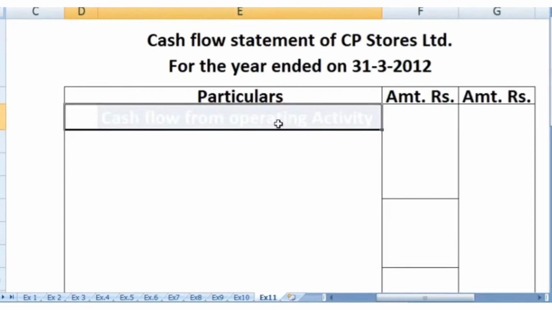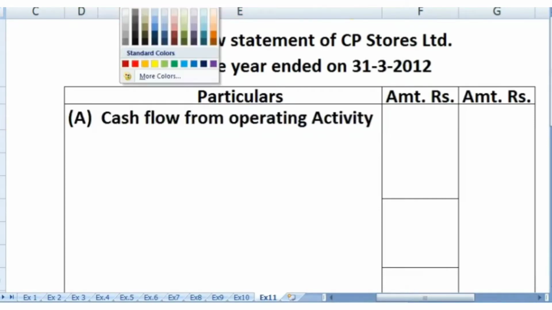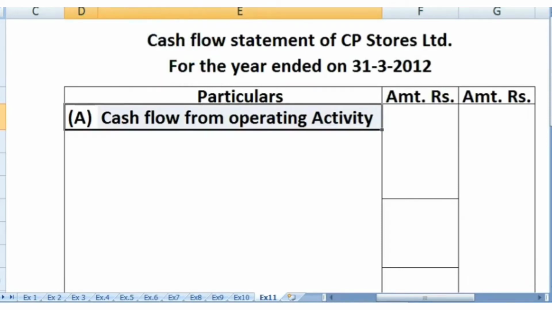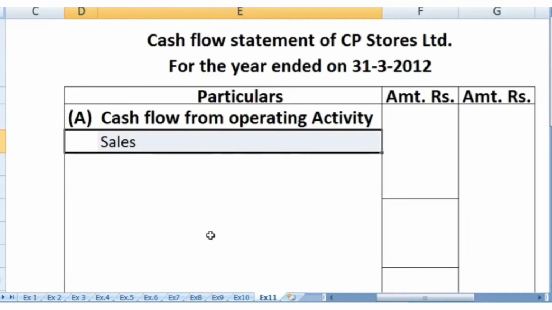So first of all, as usual, cash flow from operating activities. Okay, and operating activity means your business activity, your routine business. So in routine business, the most important income is sales. So sales is our income.